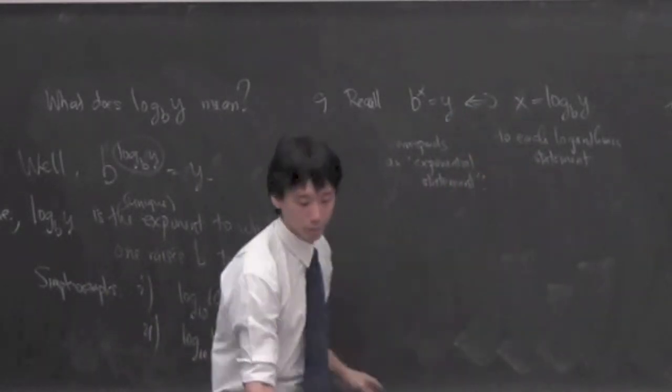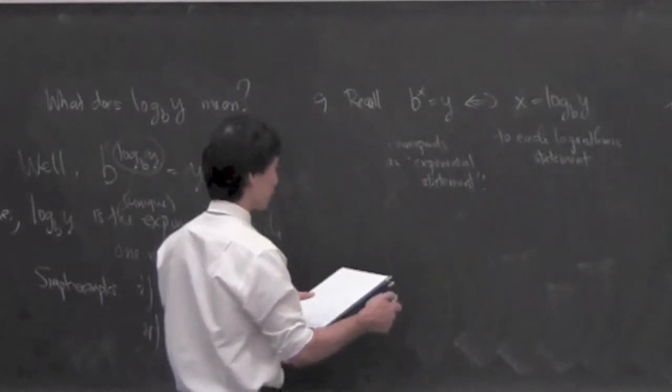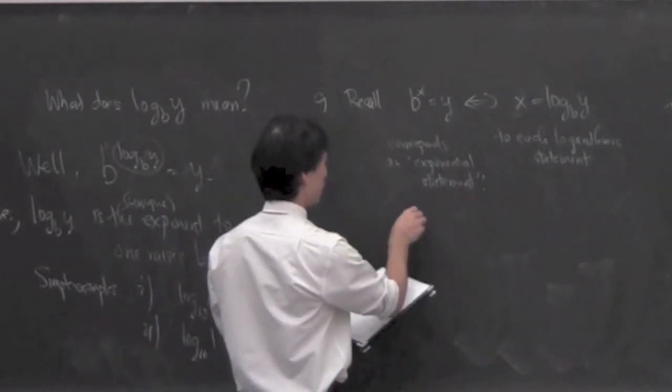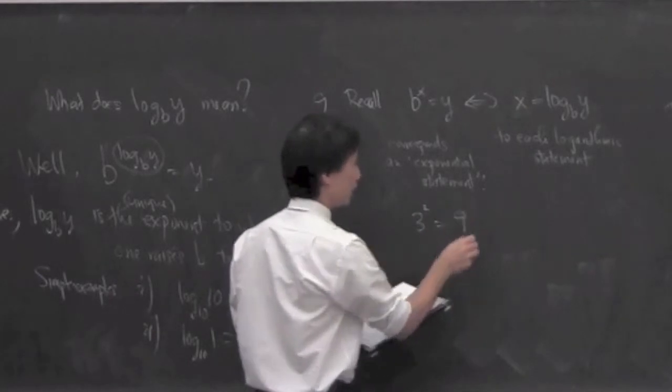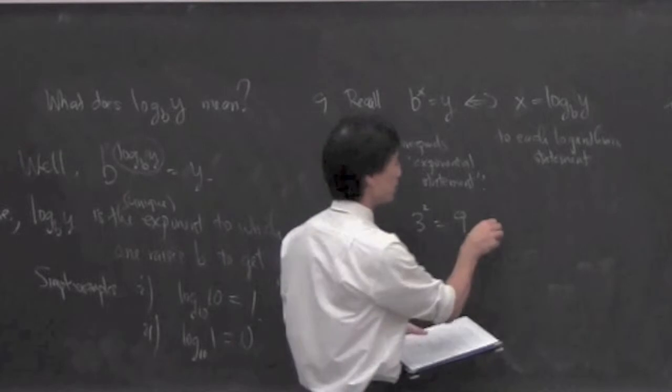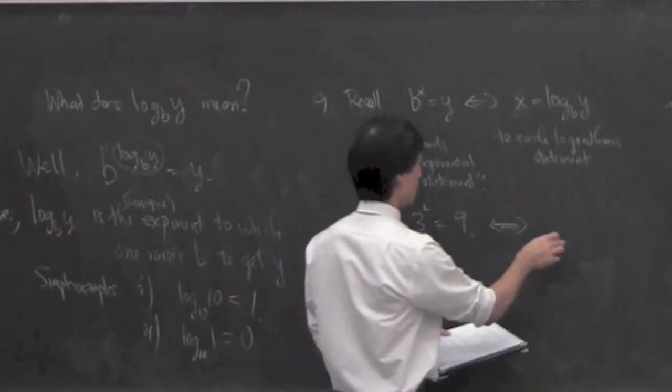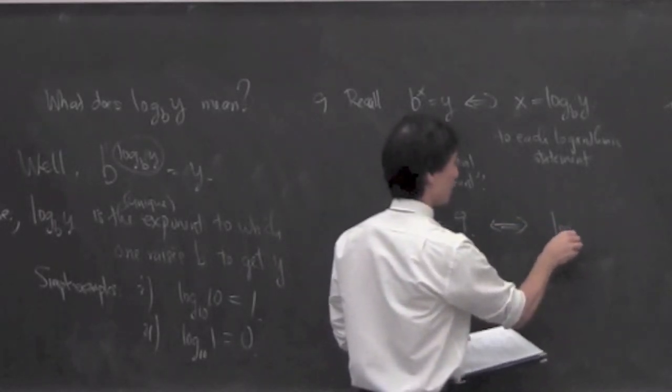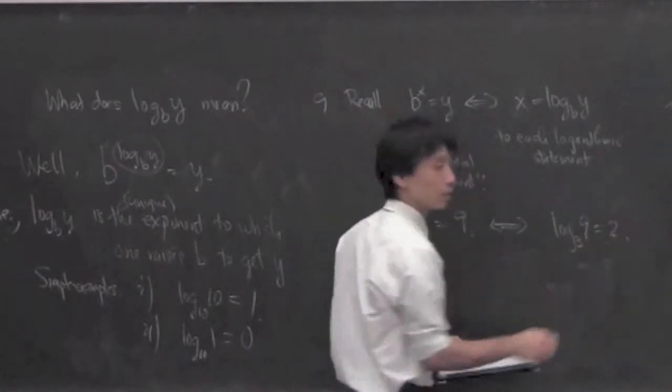Just to give you an example, if I write 3 squared is equal to 9, that's basically the same thing as saying that log base 3 of 9 is 2.